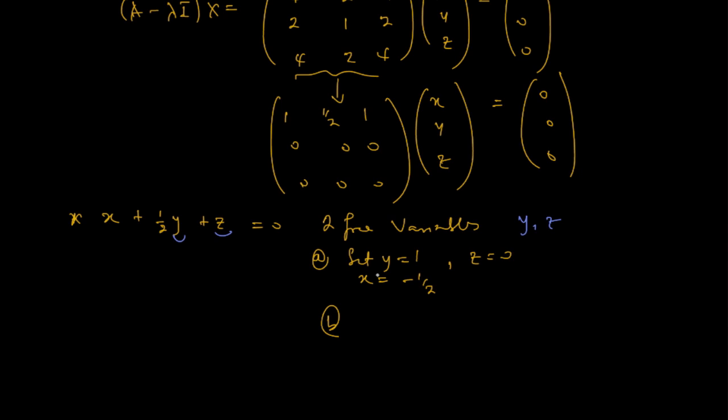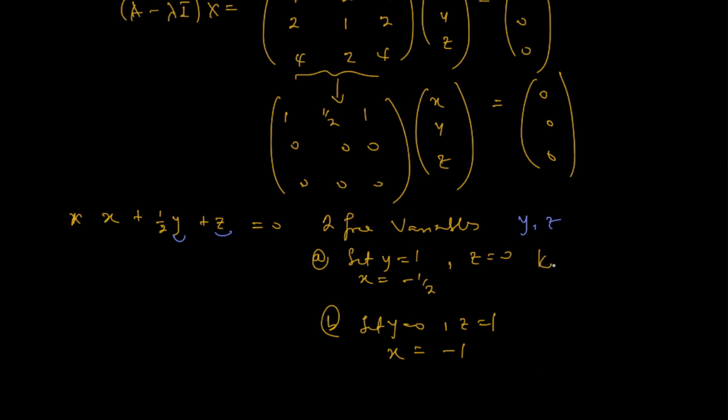And then for the second solution, we'll set y equals 0 and z equals 1, and then we obtain our x to be negative 1.